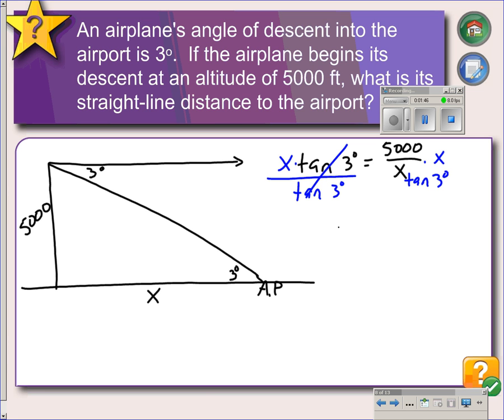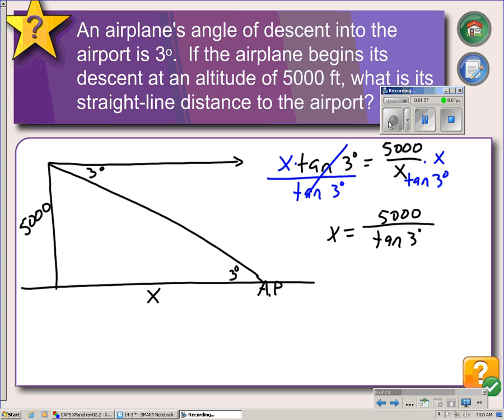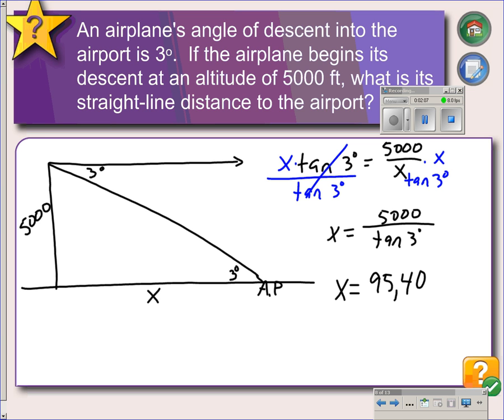So we get x equals 5,000 divided by the tangent of 3 degrees. And that you can put in your calculator. And we get that the distance a plane has to travel in a straight line would be 95,406 feet if we were to round it to the nearest whole foot.